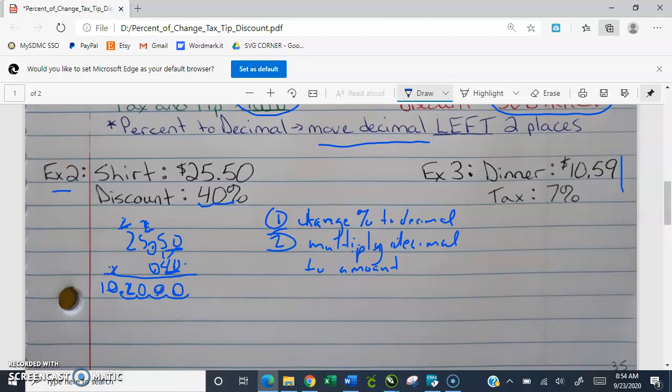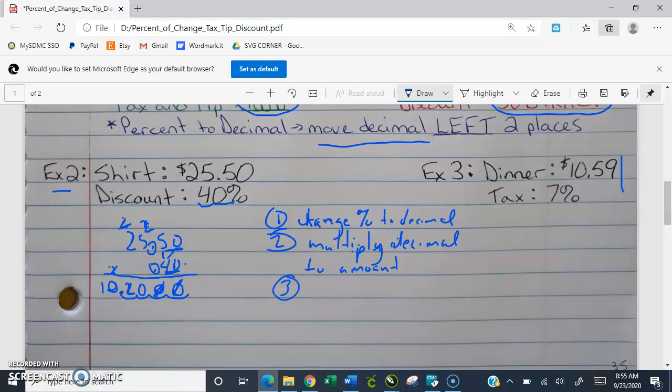So we can drop these 2 because when we're talking about money, we don't go to the thousands and the 10,000. We stay in the tens and the hundreds.